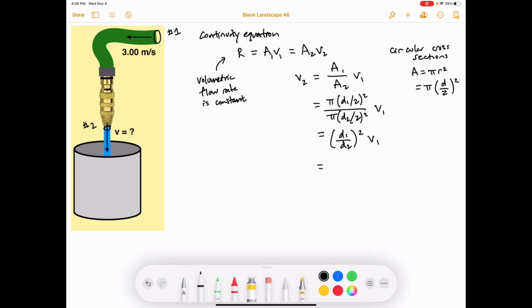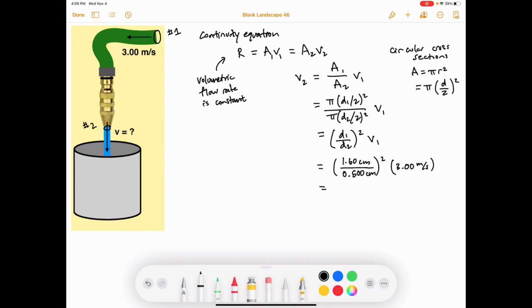Okay, so the diameter at point 1 is 1.6 centimeters. The diameter at point 2 is 0.500 centimeters, and we're going to square that and multiply by the speed of the fluid at point 1, which is 3 meters per second.